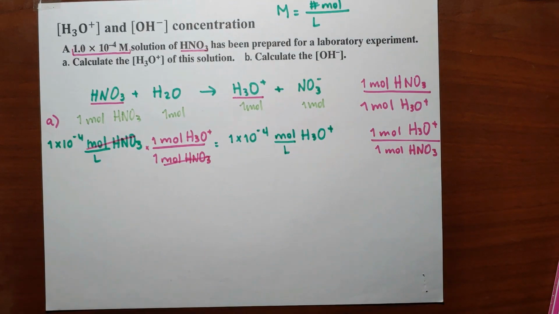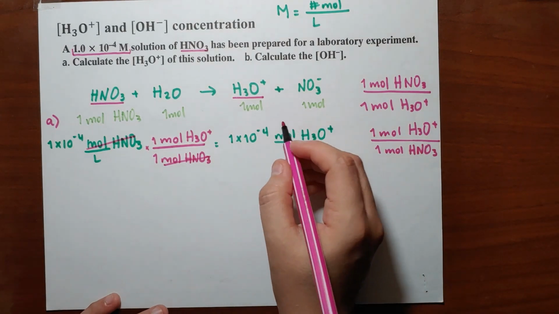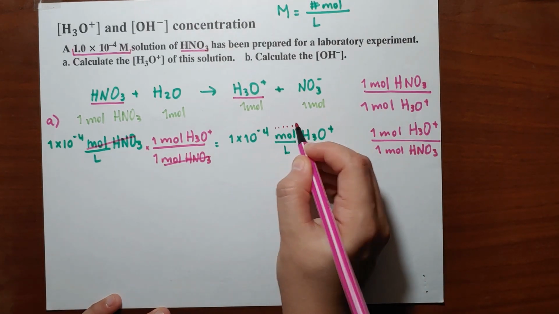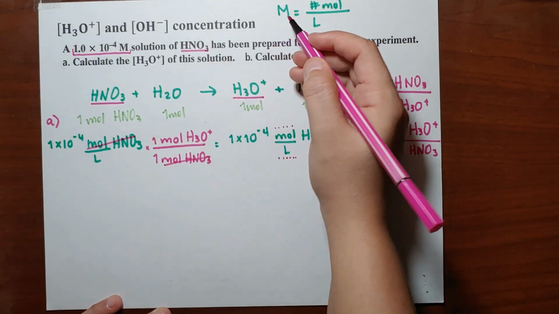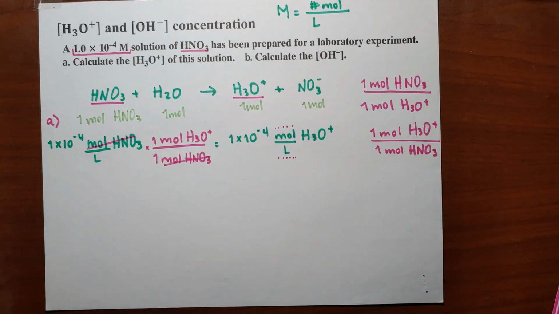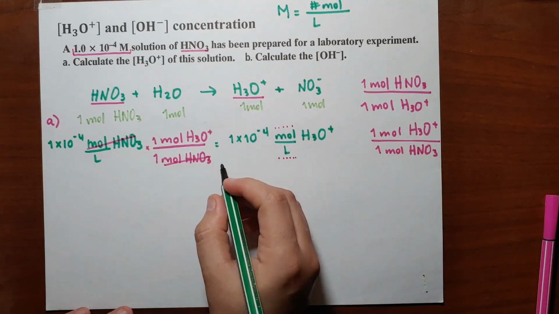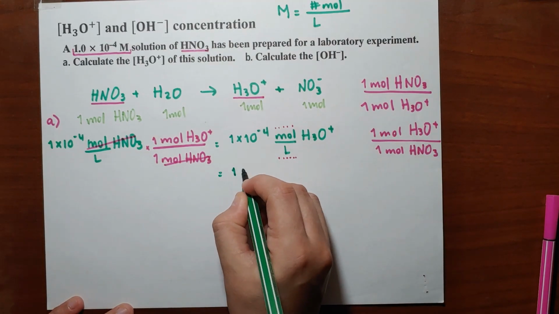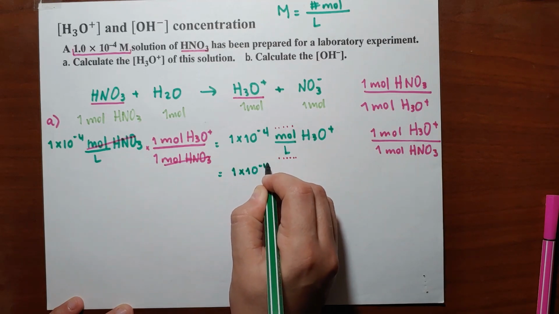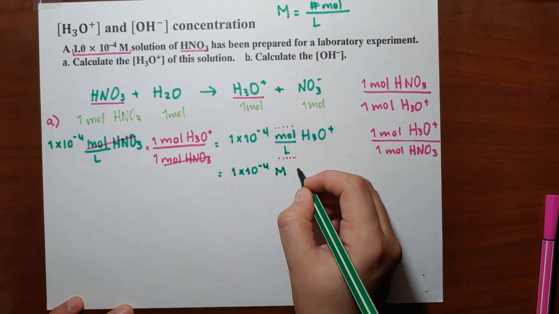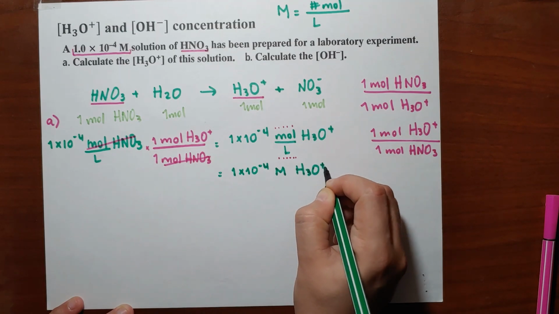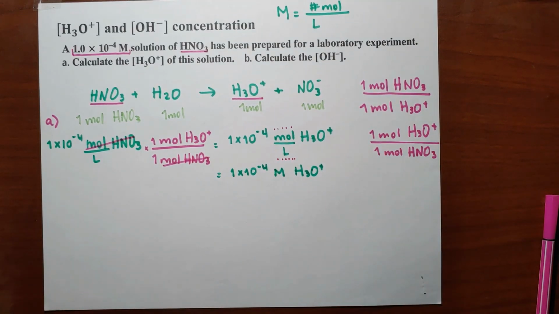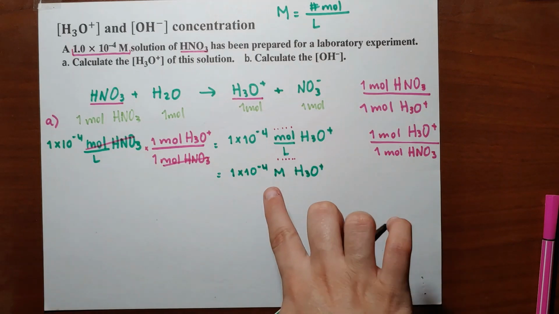Now remember that moles per liter is the same as molar. So this is the same as saying 1 times 10 to the negative 4 molar hydronium.